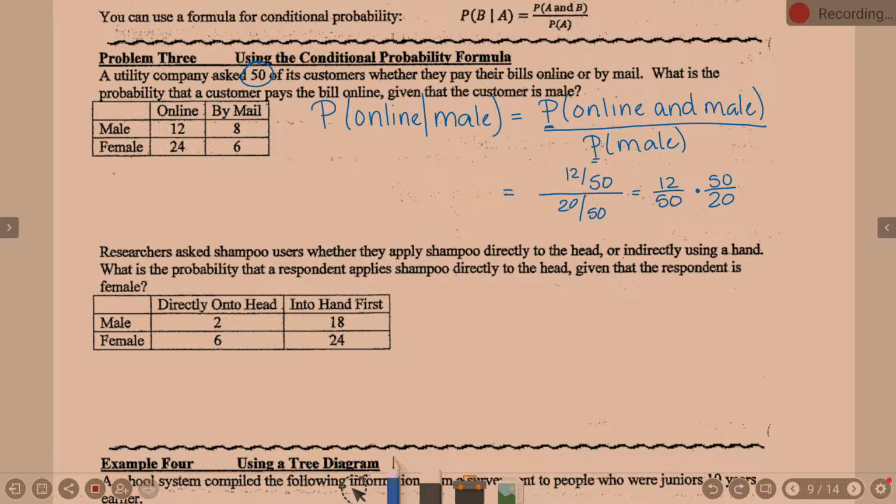And yes, the whole point is the 50s cancel, and you end up with 12 out of 20. Which of course is then going to reduce. 12 and 20 both divide by 4. And I have 3/5. I'm trying to think, did you have any fraction answers today? I don't remember. 3/5 as a decimal is 0.6.